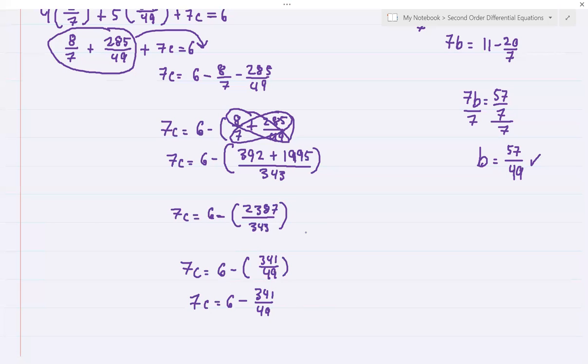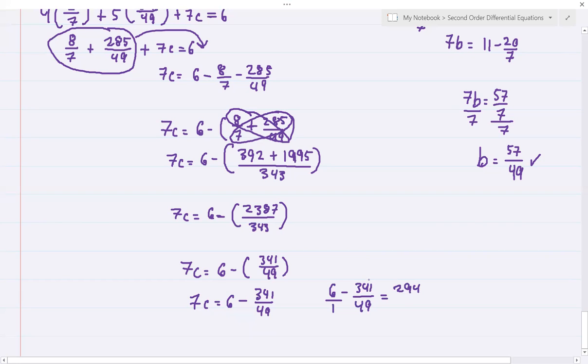So once again, let's now proceed. Now that we have this whole fraction, we need to make this one into another whole fraction. So let's use the butterfly technique on 6 minus 341 all over 49. Since your 6 is a whole term, your denominator is 1. So 6 times 49 would be 294.